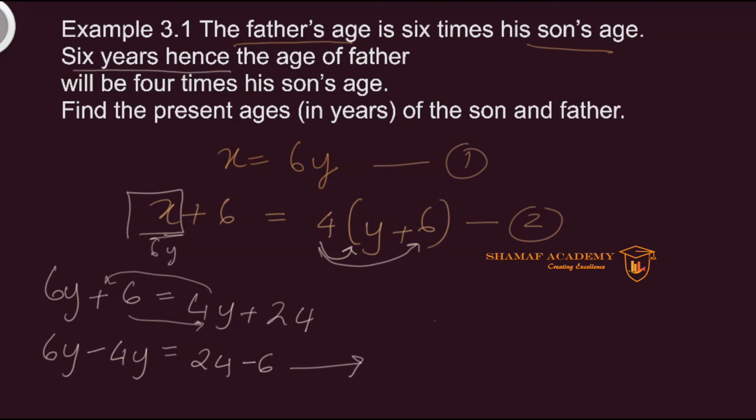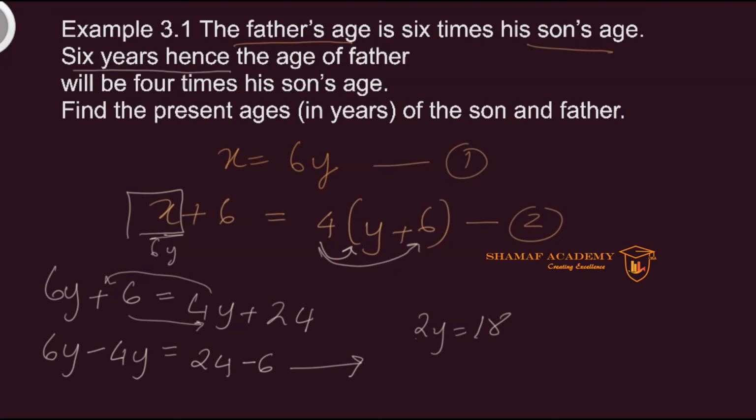Now 6y minus 4y gives us 2y, and 24 minus 6 is, who can tell me that? 24 minus 6 is 18. Now this is in the form of 2 times y, that's why it is 2y equals 18. Now we have to find y, so I have to take 2 to the other side.